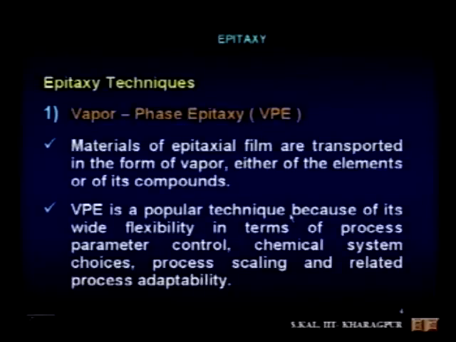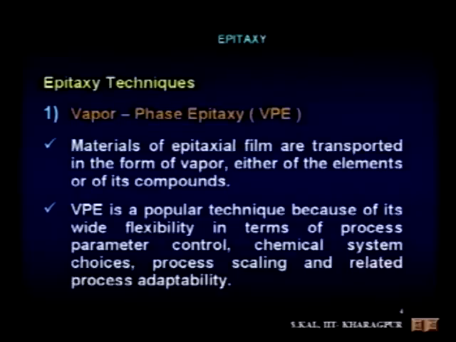Okay. Now, the second one, VPE is a very popular technique because of its wide flexibility in terms of process parameter control, chemical system choices, process scaling, and related process adaptability. That is why VPE is highly used in commercial purpose also.